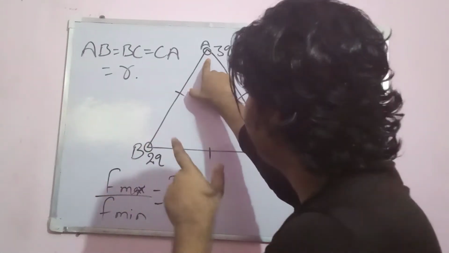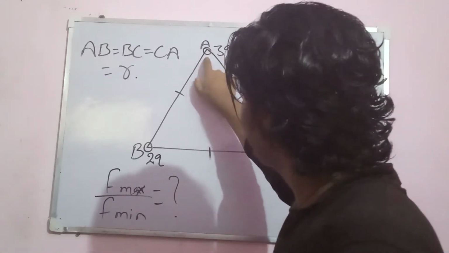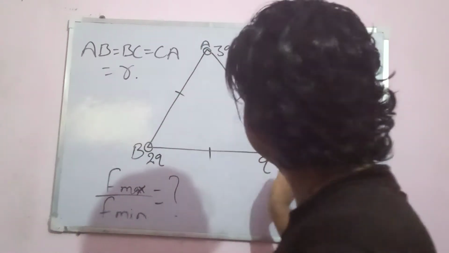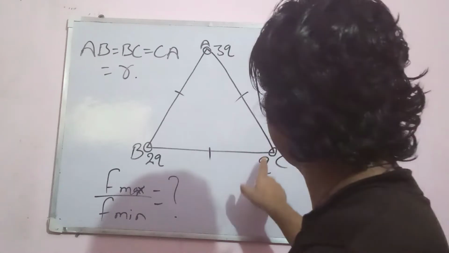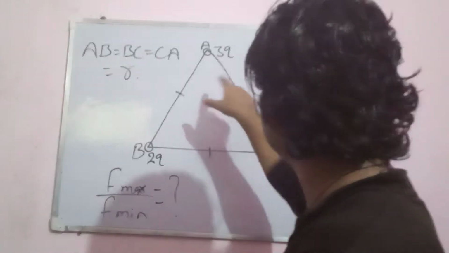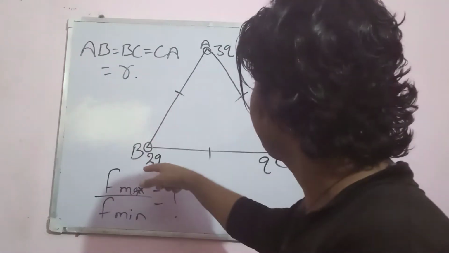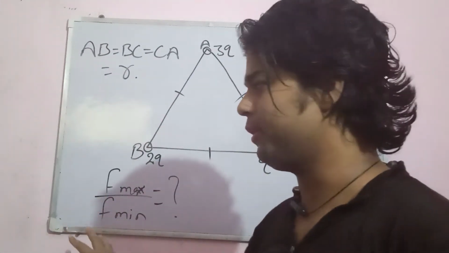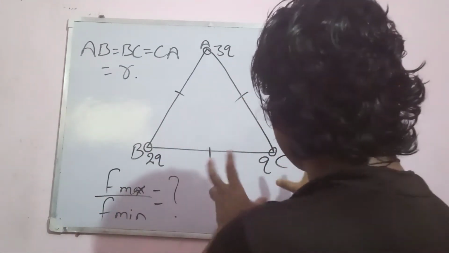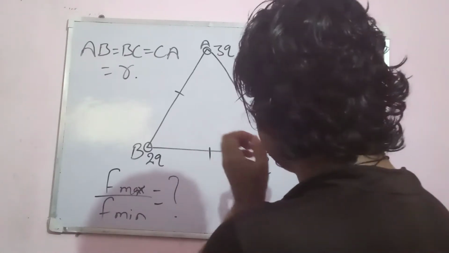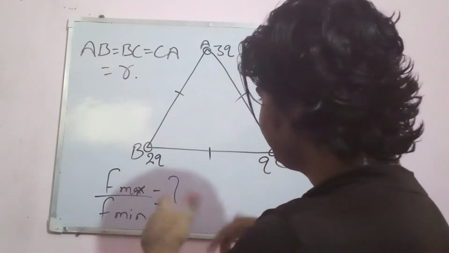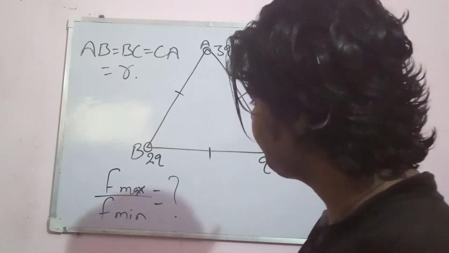Suppose I want to calculate the force at A. At A, B is applying force and C is applying force. Similarly at C, B is applying force, A is applying force. At B, A is applying force and C is applying force. So I have to find the force at any charge and check: will it be maximum?